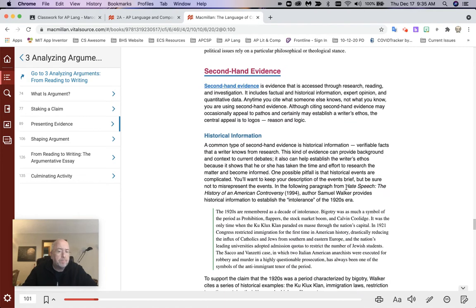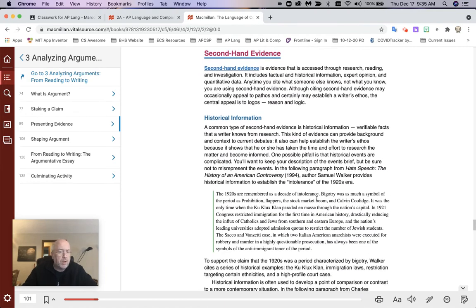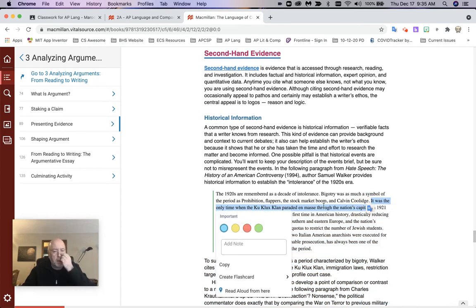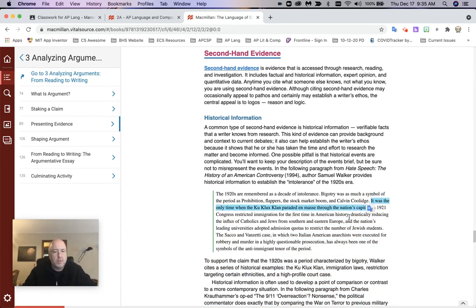Right in here, historical information that talks about, for example, bigotry was very much the symbol of the period of prohibition, and then he has this statement in here. It was the only time that the Ku Klux Klan paraded en masse through the nation's capital. Just so you know, he's talking about a time when the Klan actually did run a parade through the nation's capital.